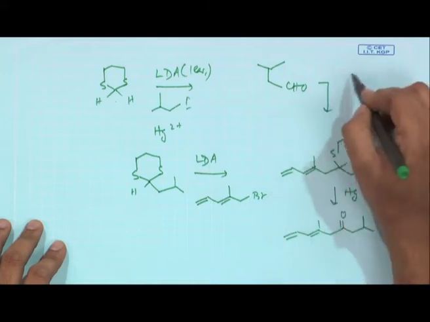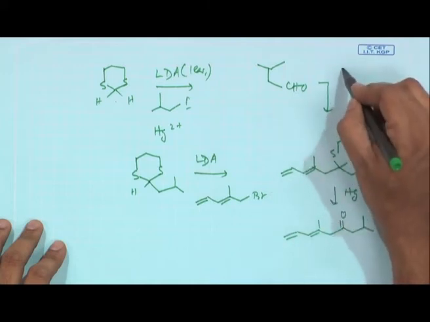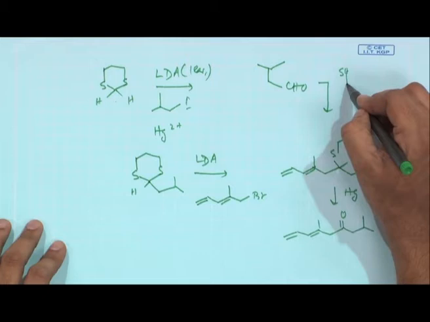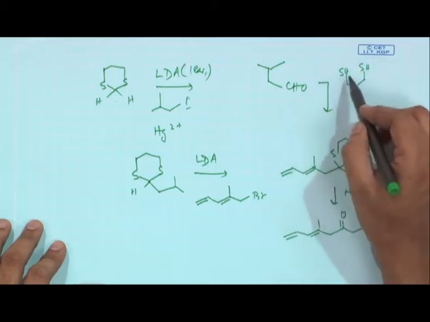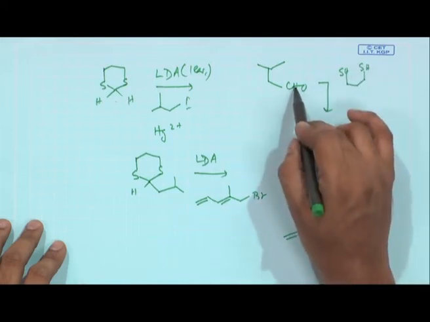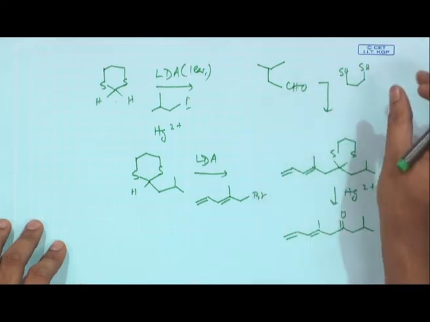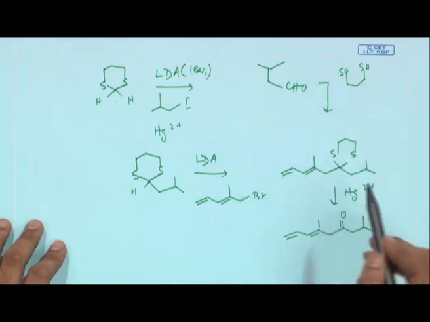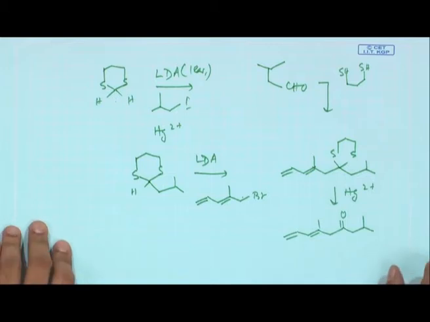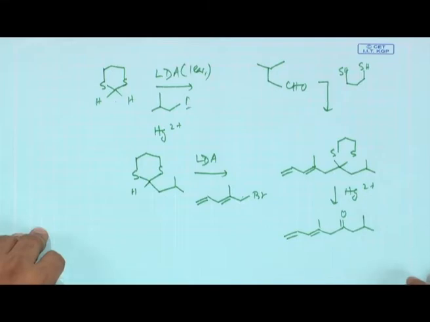Now, here you react again with 1 equivalent of formaldehyde 1,3-dithiane to get this isobutyraldehyde 1,3-dithiane, abstract with 1 equivalent of LDA and react with this, you end up here and then do the mercury mediated deprotection. So, this kind of synthetic equivalent will always help you to give you a very nice flavor.